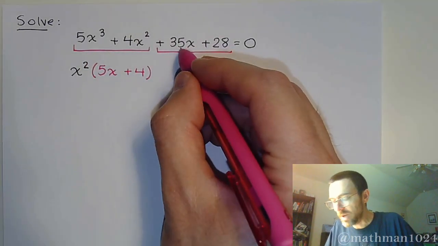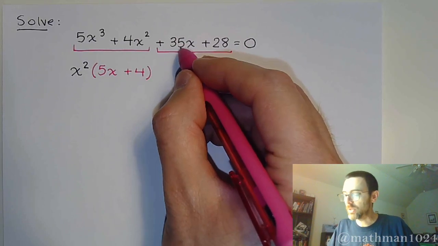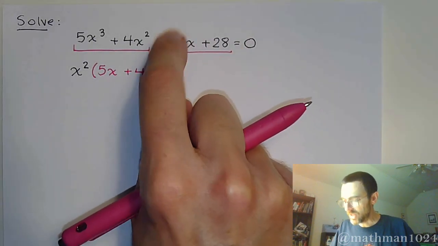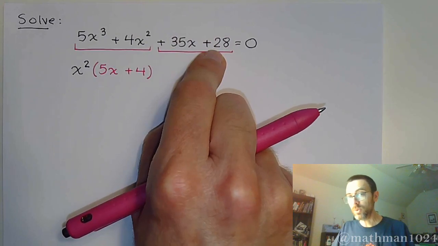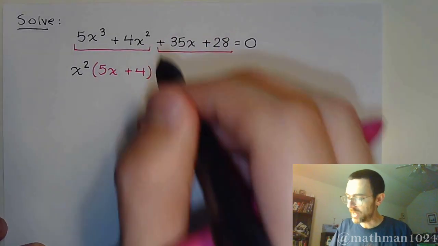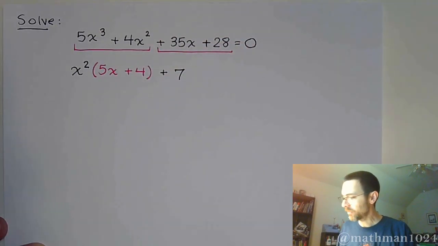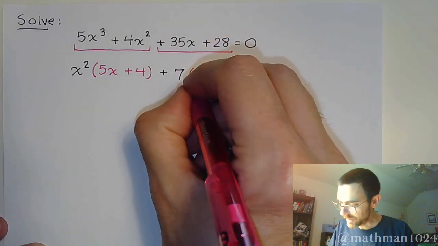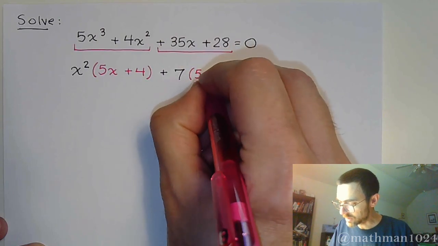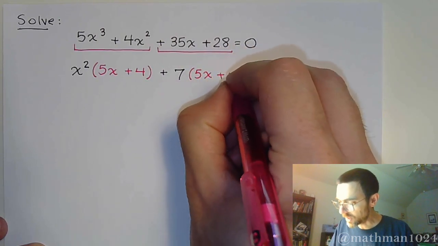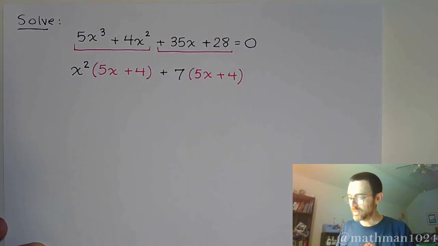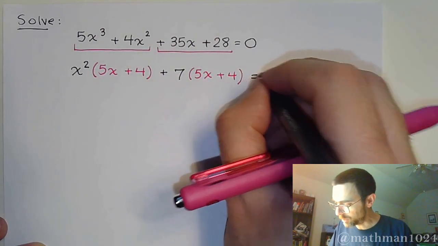Hopefully 5 goes into 35, and you see that it does, 7 times. So 7 goes into 35, and it also goes into 28. So it's a neat little way of working the system in our favor. The common factor is 7, so factor that out, and we have 5x plus 4 again. Wow, that is super convenient. It's like somebody knew what they were doing when they made up this problem.